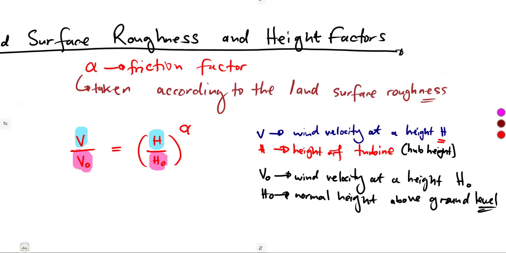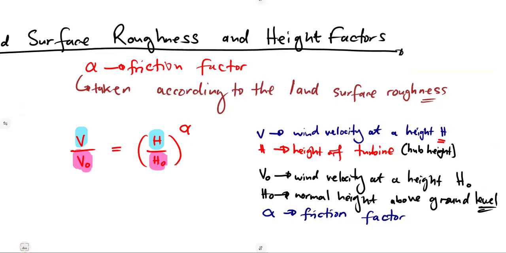And we referred to the friction factor, taken according to the landform, which is the land surface roughness. So we also have to consider the friction factor. This one is just a constant.